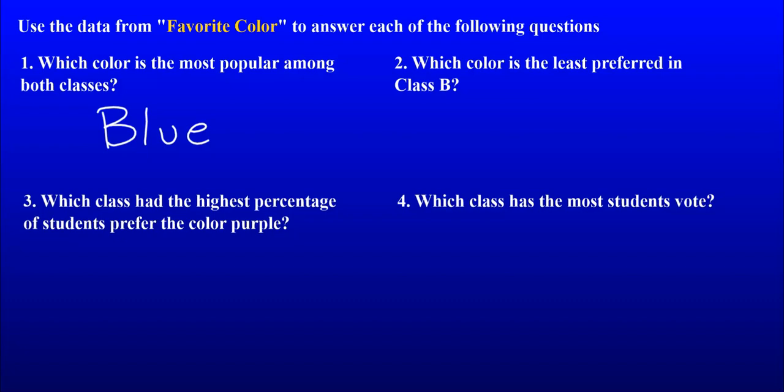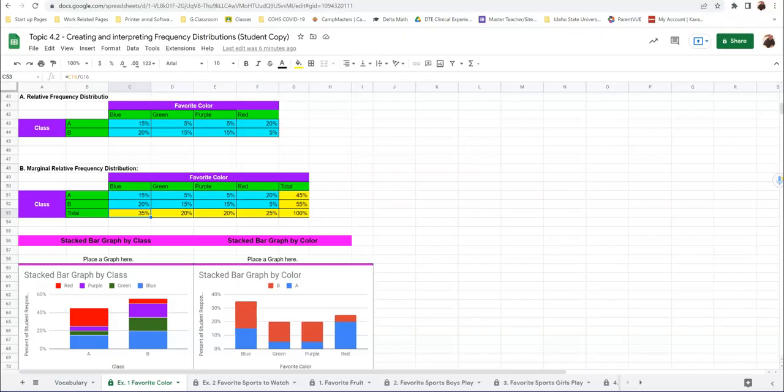So what I want you to do is look at number 2. This time it says which color is the least preferred in class B. Okay, and so you're going to go back to your data and figure out which color is the least preferred for class B. So looking at the colors in class B, blue is 20%, green is 15%, purple is 15%, and red is 5%.